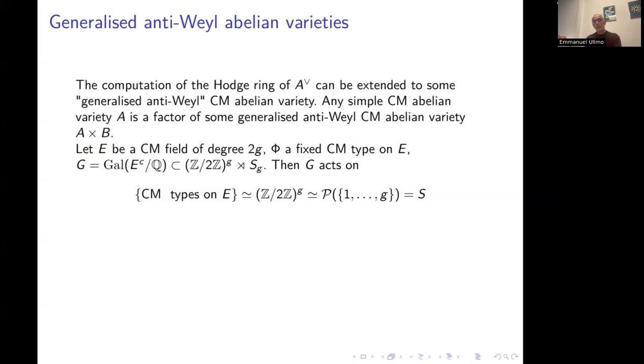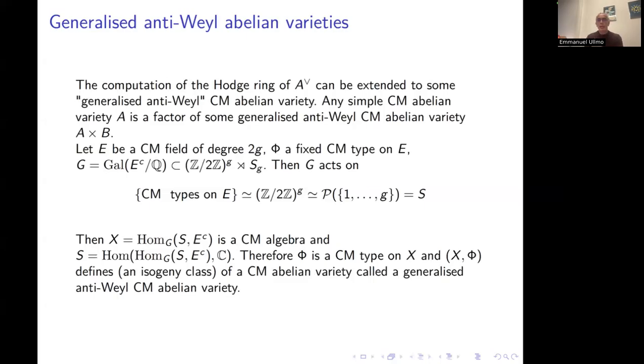And the set of CM types on E is identified to (Z over 2Z) power G, or the set of subsets of 1 to G. You construct a CM algebra by looking at the homomorphisms of this set S in EC, and you see that S is also the homomorphisms of this algebra in C, and you can construct phi, a CM type on X, and X phi defines an isogeny class of CM varieties, and you call these generalized anti-Weil CM abelian varieties.